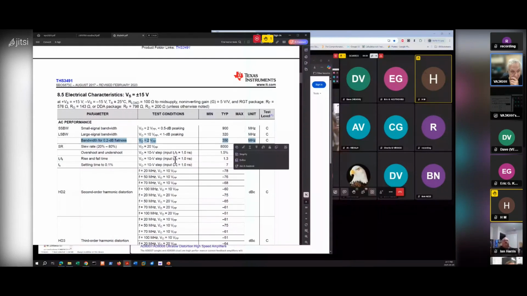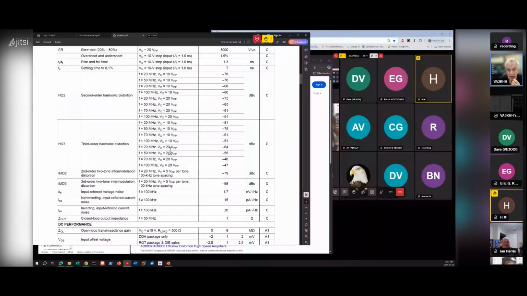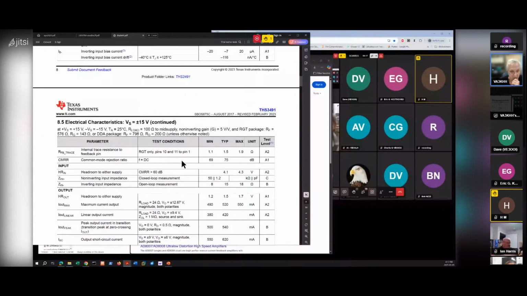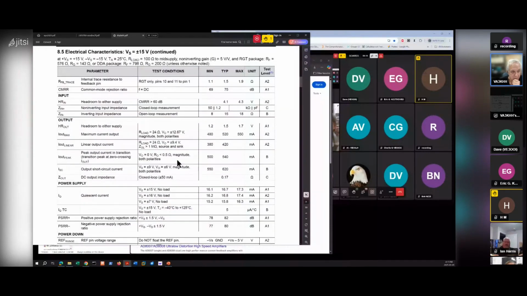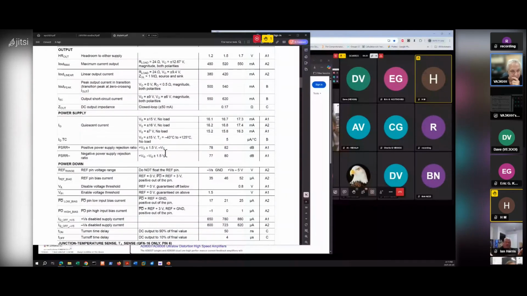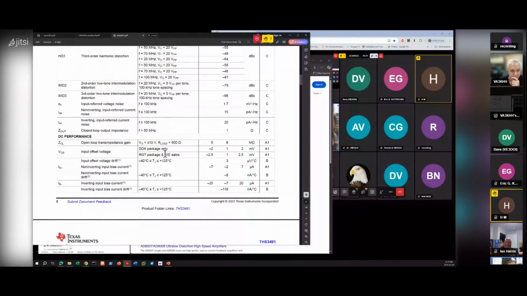Like I said, I have certainly not played with this $20 version of this current feedback amplifier, but it might be interesting to play around. Ask for a sample.